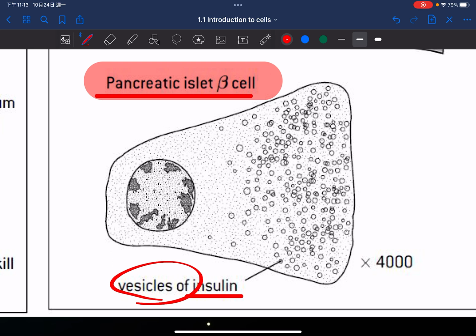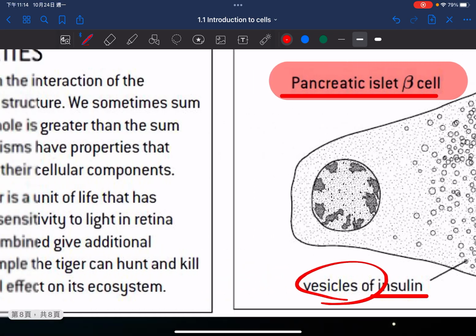It waits until it detects a higher concentration of glucose, and then it will secrete the insulin. And the insulin can help you to lower the glucose level, lower the glucose concentration.